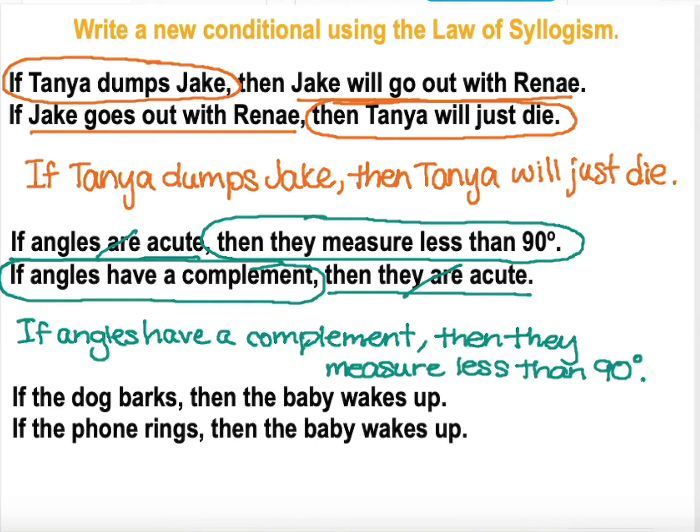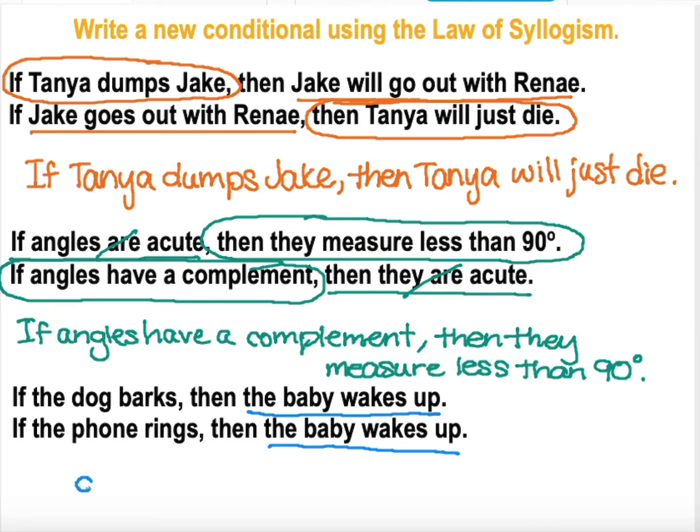That was a new conditional using the law of syllogism. Last one, if the dog barks, then the baby wakes up. If the phone rings, then the baby wakes up. I see that these two are matching each other, but it's not the kind of matching we need. It doesn't form a chain reaction.